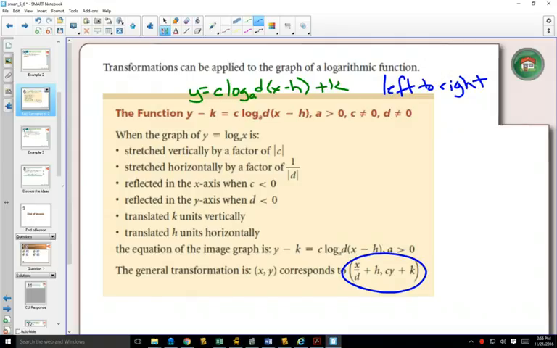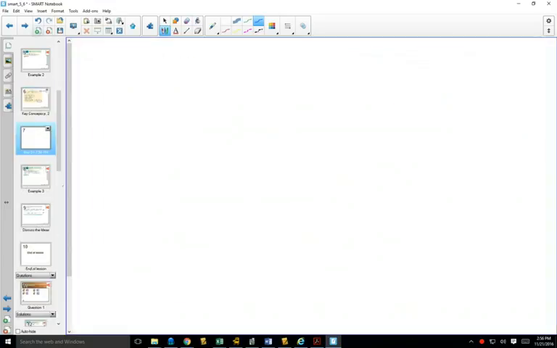So on page 400, which is a blank page, we're going to add 2 more examples. Here's our first example of transformations.